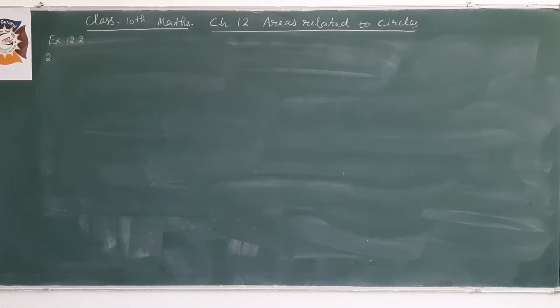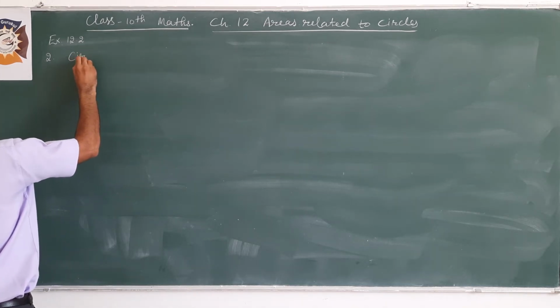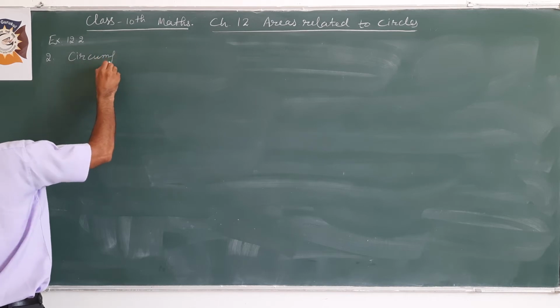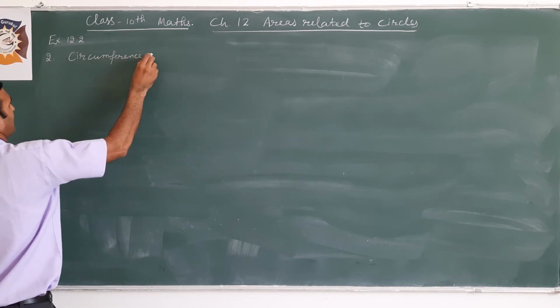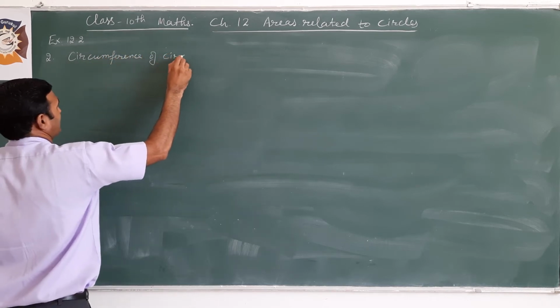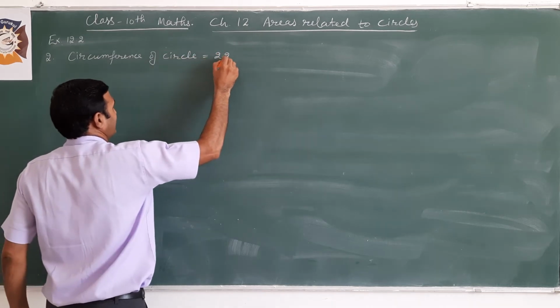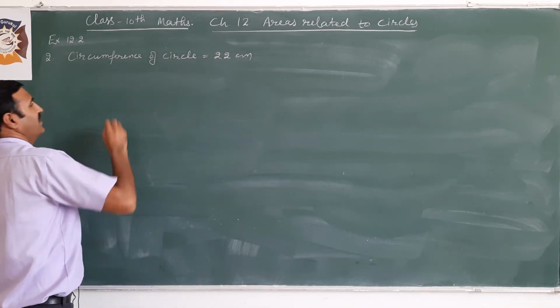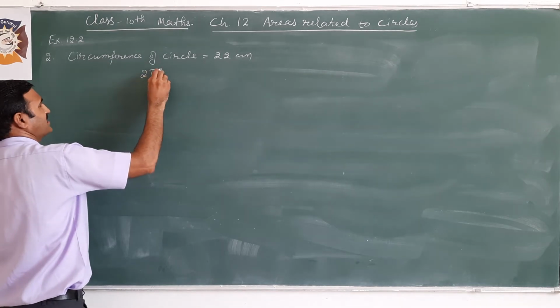Second question, find the area of a quadrant of a circle whose circumference is 22 centimeter. First of all, circumference of circle is given, that is 22 centimeter, and the formula for circumference is 2 pi r.